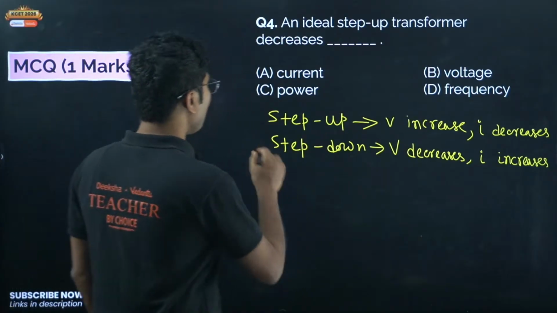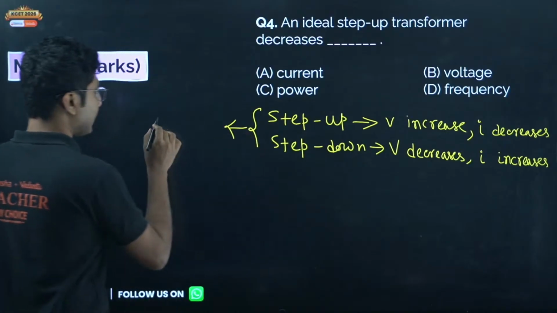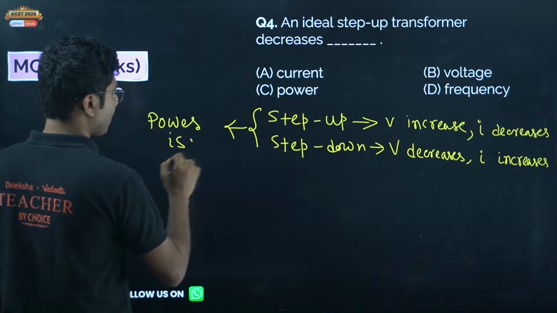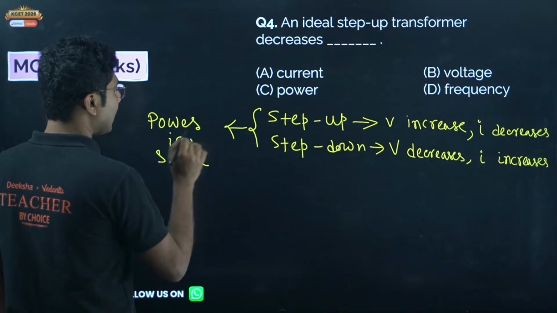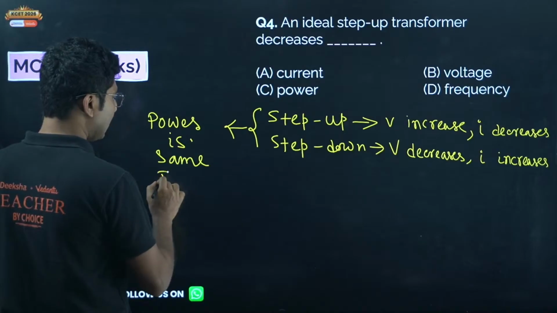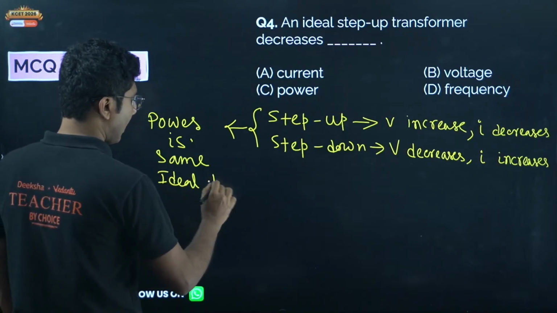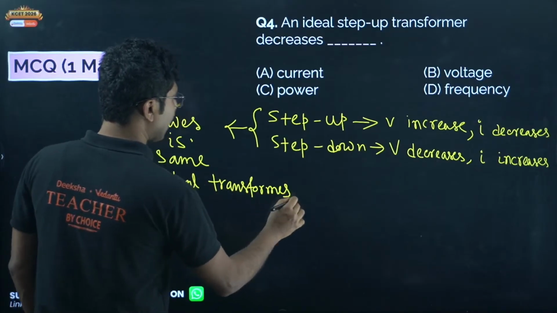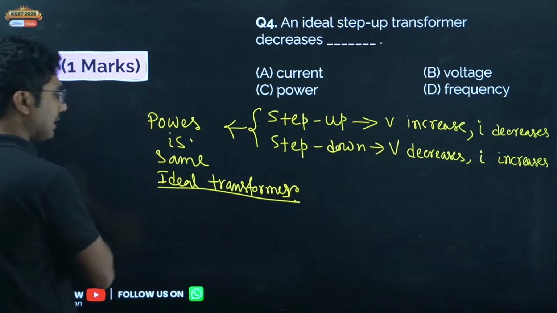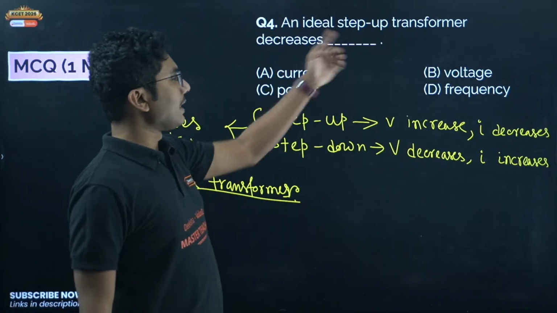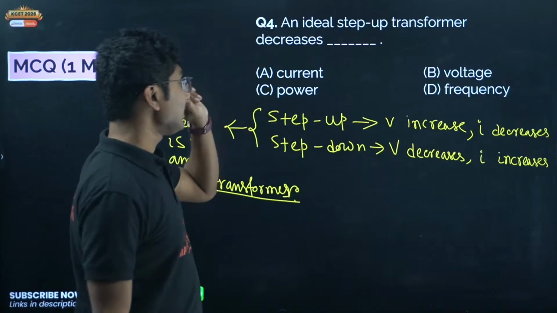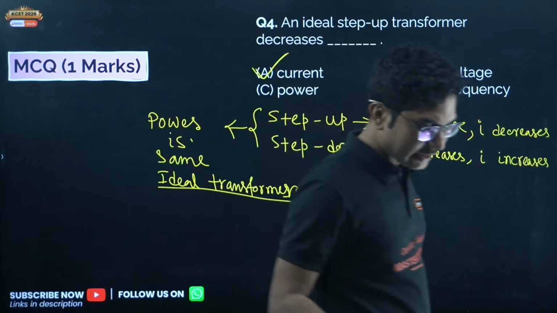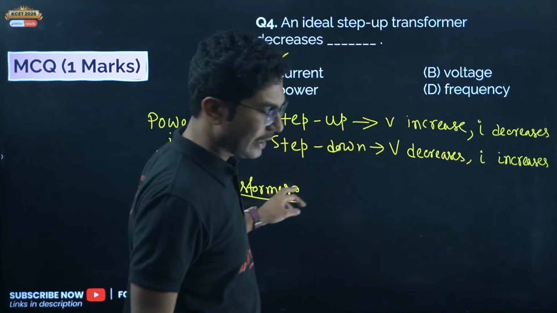Remember, power is constant, power is the same, and the condition for that is for an ideal transformer, and for your board exam every transformer will be an ideal transformer. An ideal step up transformer decreases current, it increases voltage. Yes, correct answer option A.